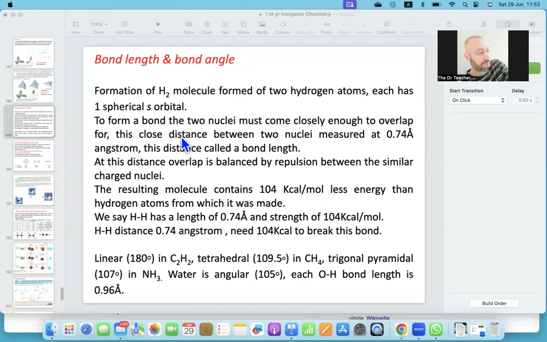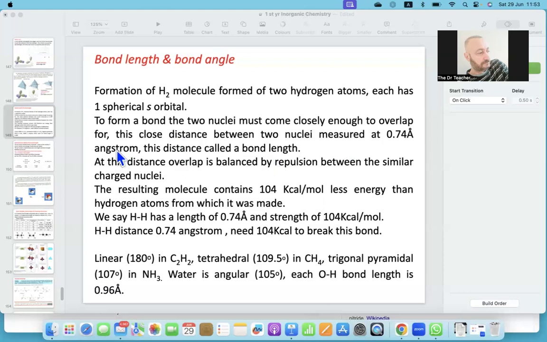This close distance between the two nuclei is measured at 0.74 angstrom, and the angstrom is the unit used to measure bond lengths.